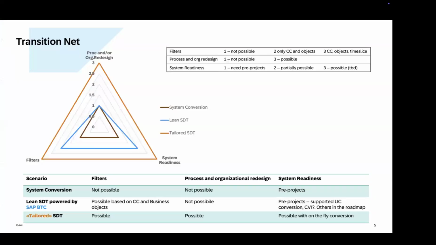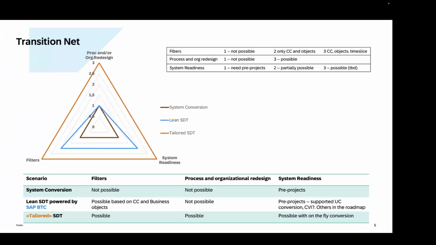And finally, Klaus, what else? Yeah, as mentioned before, it's the system readiness. It means what the customer has to do to transform the system to S4, and this can be done in one step. That means Unicode conversion, then let's say the business partner, the new GL implementation, and other changes can be done in one step.